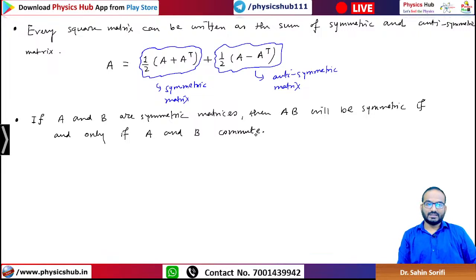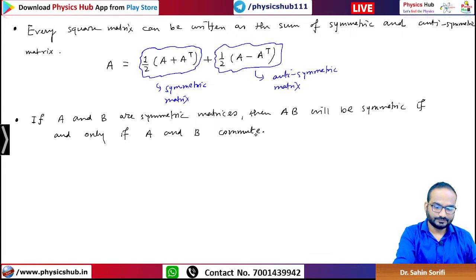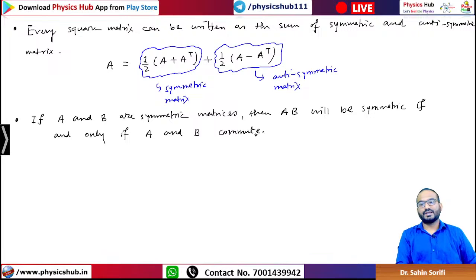Do you understand the last line? If A, B are symmetric matrices, then AB will be symmetric if and only if A and B commute.